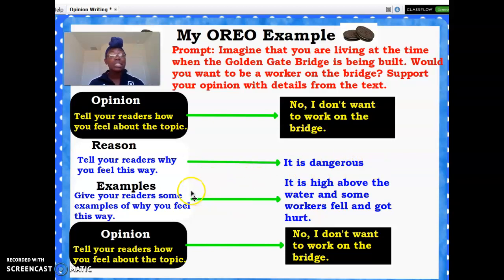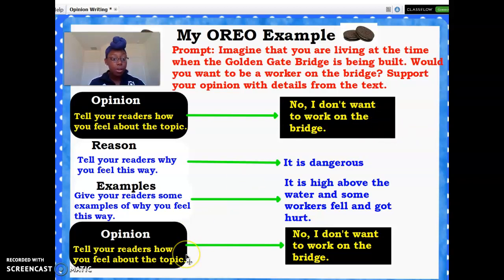Now I need to give a specific example on why I think this is dangerous. Well, because it is high above the water and some workers fell and got hurt. So that is a specific example that ties to my reason of it being dangerous, which is why I don't want to work on the bridge.